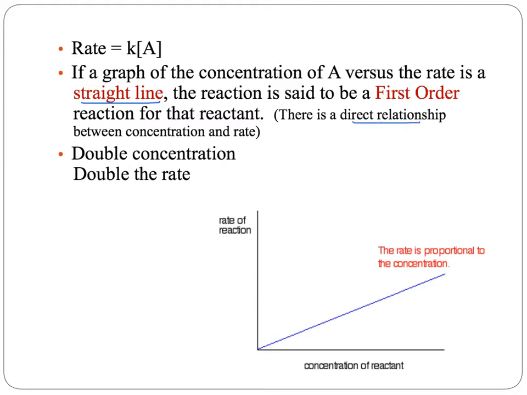Well, in this case, we say it is a first order reaction for that reactant, and we put an exponent of 1 next to the reactant. And of course, an exponent of 1 just means that the answer is what you're starting with. It's A. It hasn't changed any. Practically speaking, this means that if you double the concentration, you see a doubling of the rate.